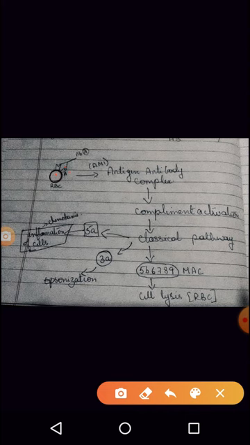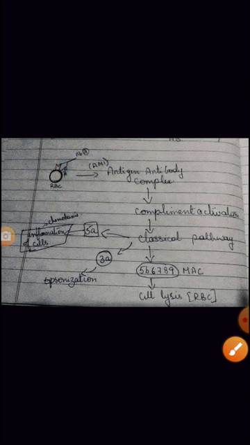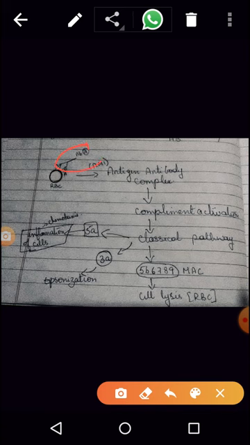So there is RBC, there is A antigen, and that person is having A antibody. So that antibody readily comes and binds to the A antigen here. It forms a complex here. So now entirely you can find antigen antibody complex that is formed along with the cell.